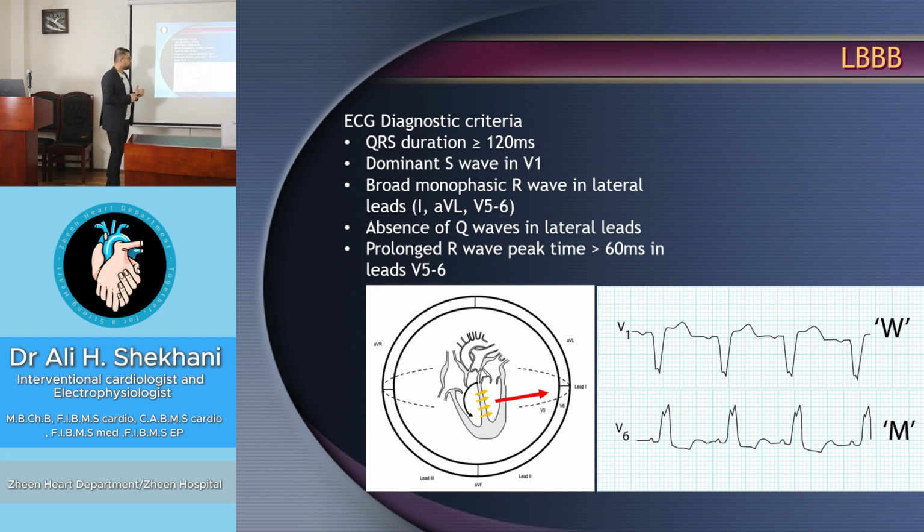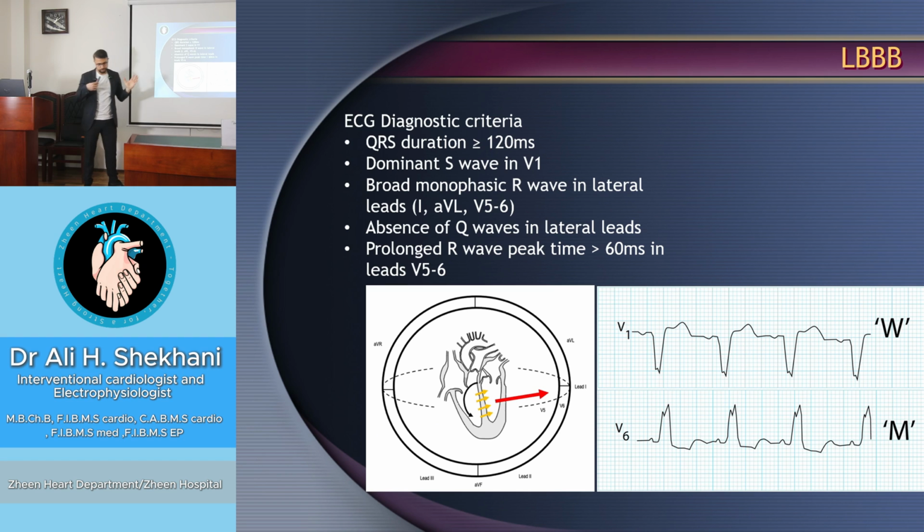In left bundle branch block, the direction of electricity is changed. Usually, we have block in the left side, so the signal should come to the right side first and then go to the left. That's why the QRS is prolonged, because the duration is increased. And then there is deep S in V1 and positive R in V6.